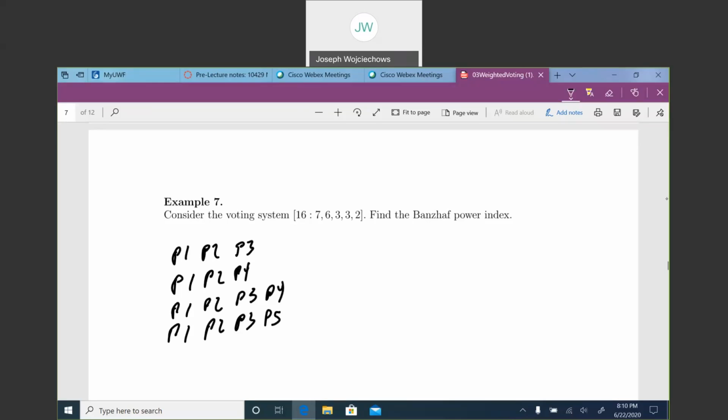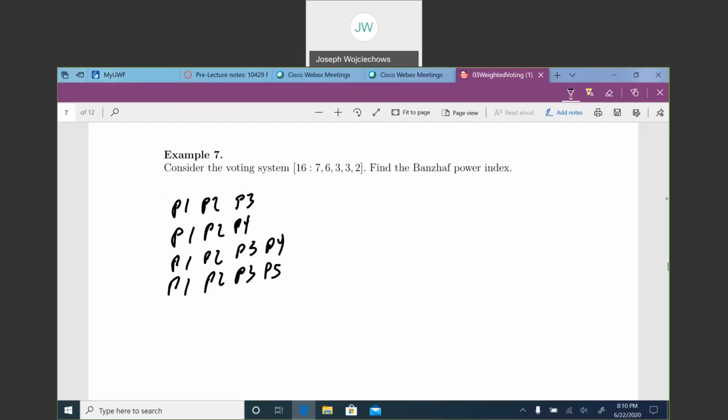Those all meet the winning coalitions. We could have player 1, player 2, player 4, player 5. And of course, player 1, player 2, player 3, player 4, player 5. Do we have any more winning coalitions?